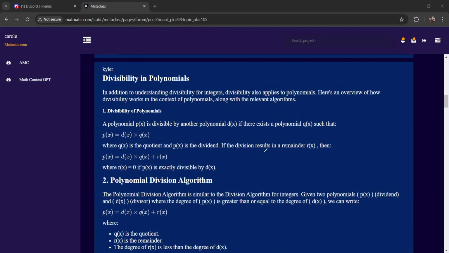So essentially, p(x) is the dividend, d(x) is the divisor, and q(x) is the quotient. If the division results in a remainder, we call that r(x), and it's essentially just the same formula as the a equals bq plus r formula, except it's just for polynomials.